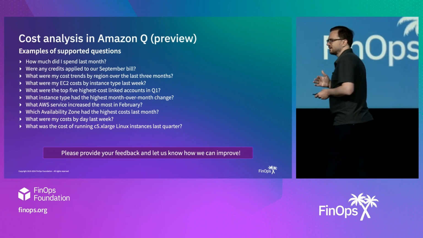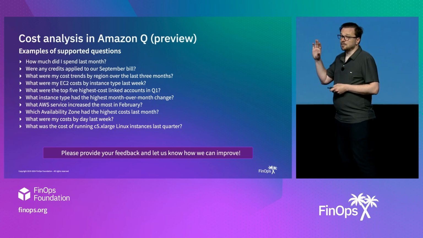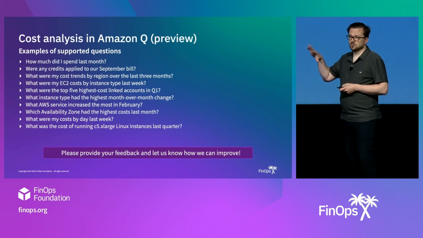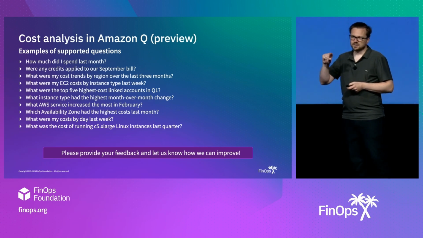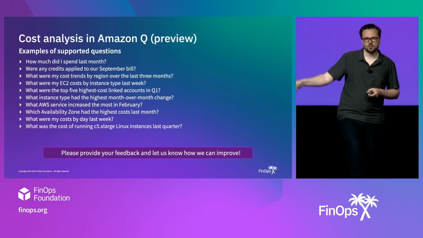When you see that Q pop-up on the right side of the screen in your console, or even on the AWS website, you can type these questions in and get immediate answers. What's interesting is that when you type a question in to Q, it will automatically give you, at the bottom, a link to a pre-filtered view of Cost Explorer to answer the same question.